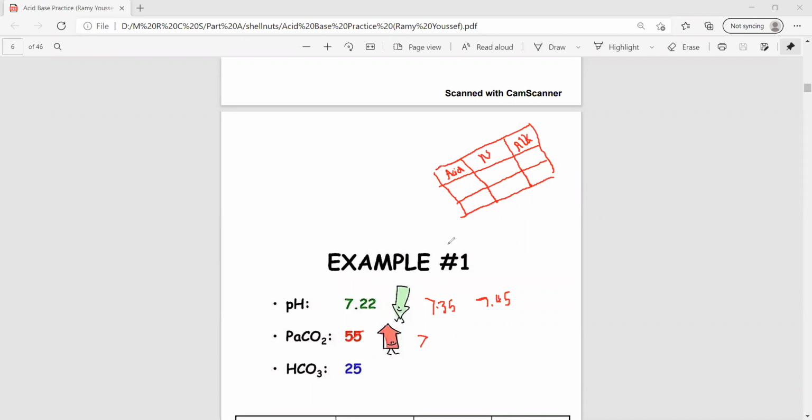Where is the pH? The pH is here, acidosis. Where is the CO2? It's in the acidosis as well. Okay. Where is the HCO3? Normal.